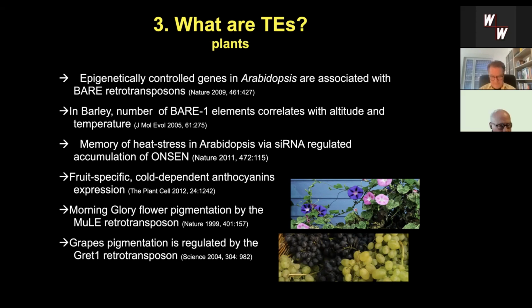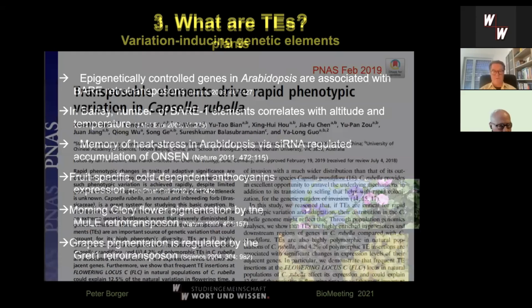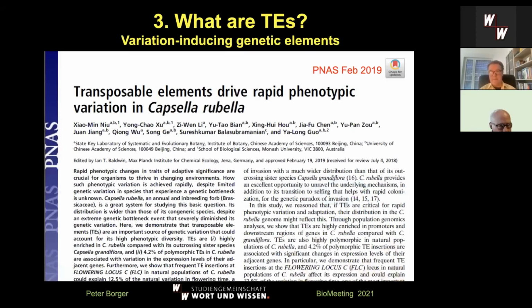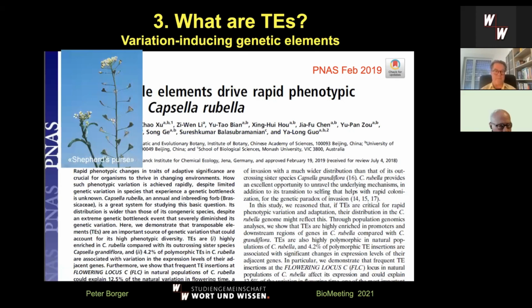And I think two interesting examples are also shown here. The morning glory flower pigmentation is regulated by a Mule retrotransposon. And another very intriguing example is, of course, the red and the white grapes, which is also a result of the GRET1 retrotransposon. So in this way, you generate variation in genomes.